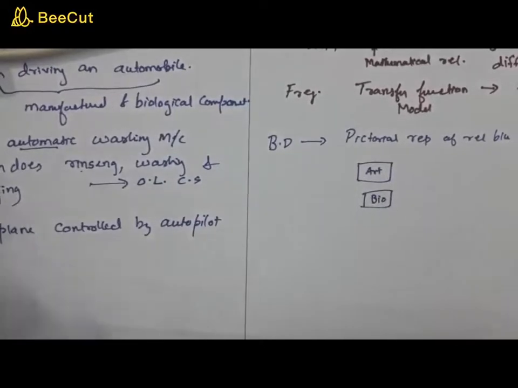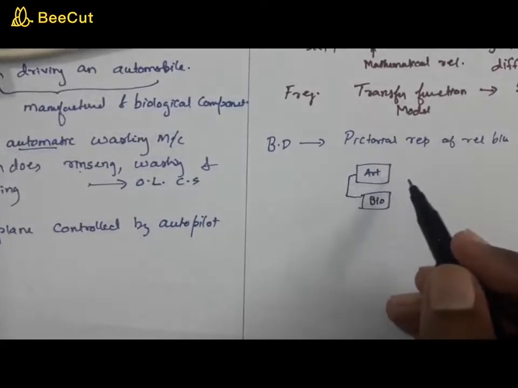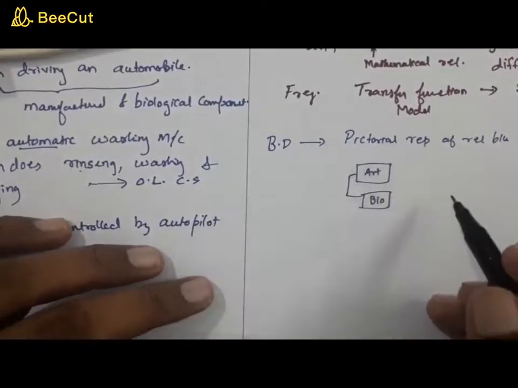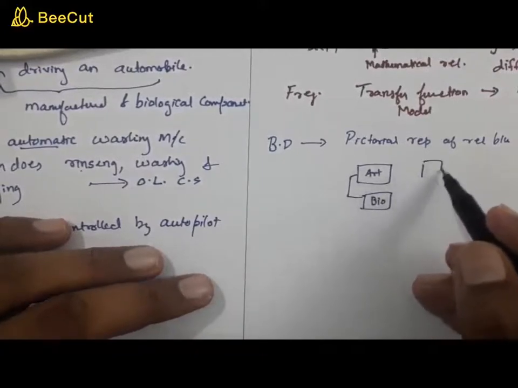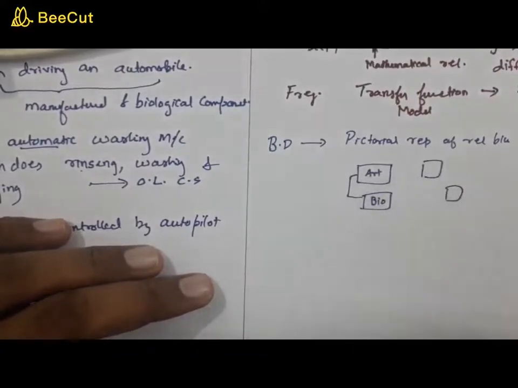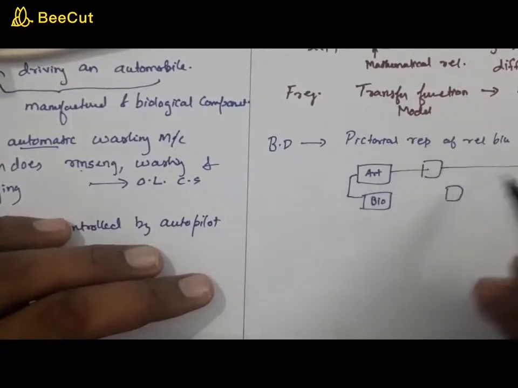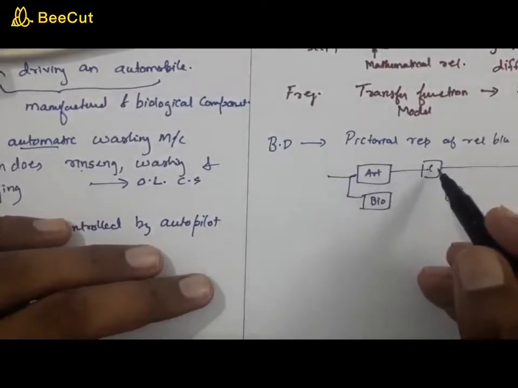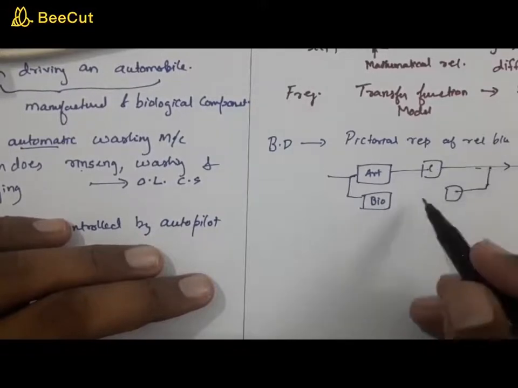Okay, so each component can be considered as a block and they are related to each other, right? So the relationship can be pictorially represented. So you can have different blocks. Each block represents different components, and each can be related like this. Sometimes some components will be used in the forward path, and some may be in the feedback path.